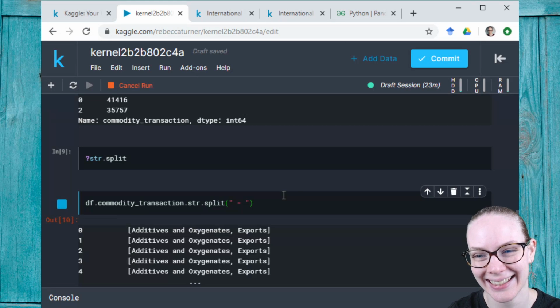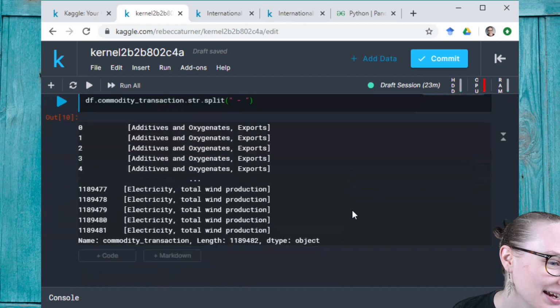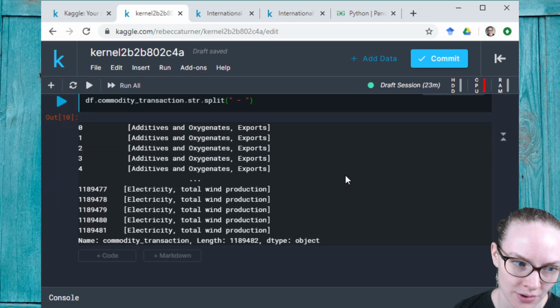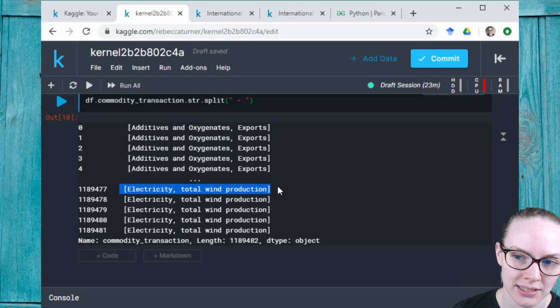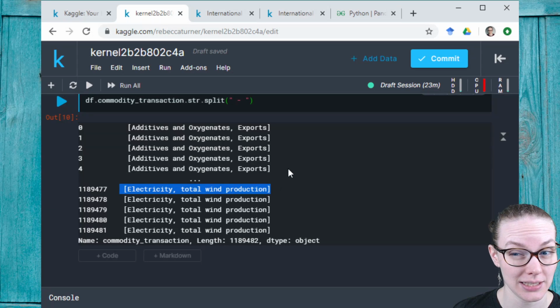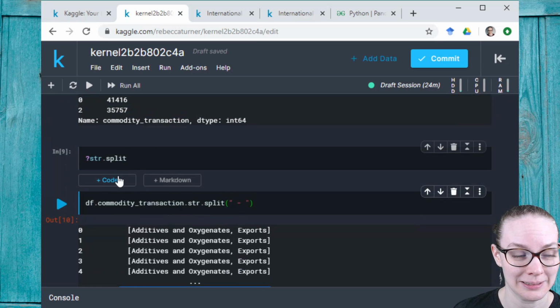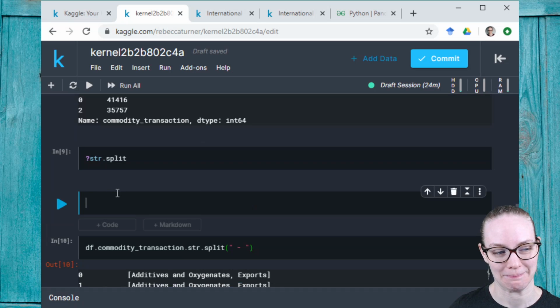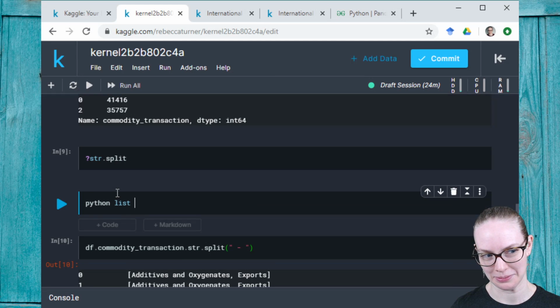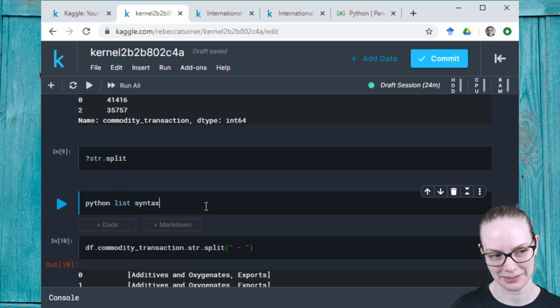This is going to take a while. Again, it's big. All right. It has not given us columns out. It has given us lists. Are the square brackets lists in Python? List syntax.